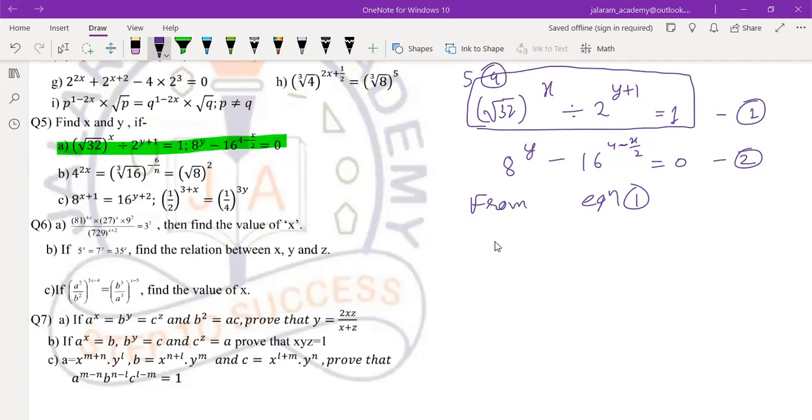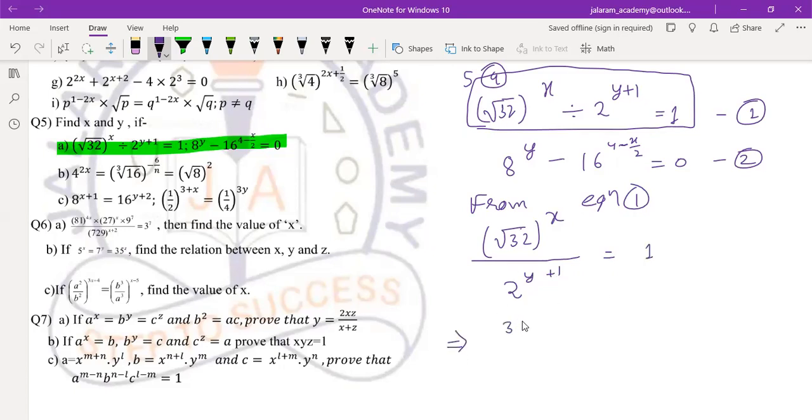root 32 whole to the power x divided by 2 to the power y plus 1 equals to 1.